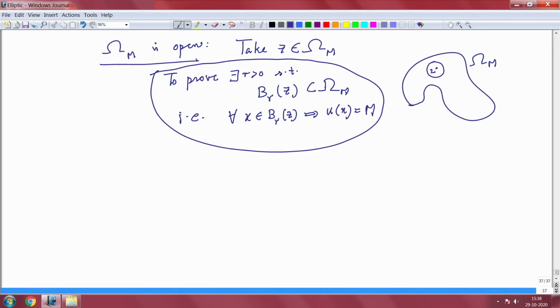So what is given? You are given that u is subharmonic. That implies the Laplacian of u is greater than or equal to 0.